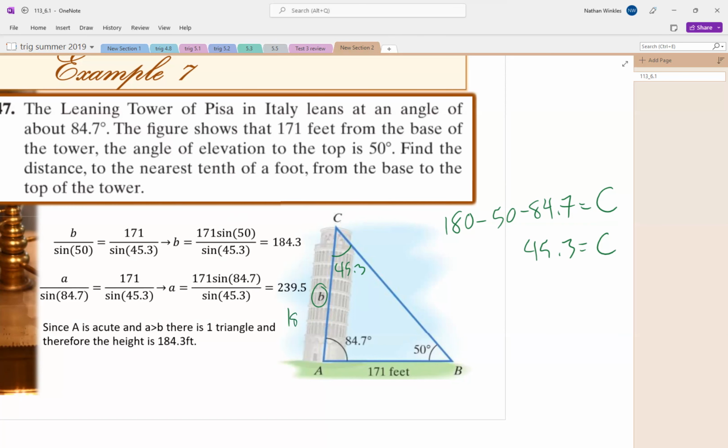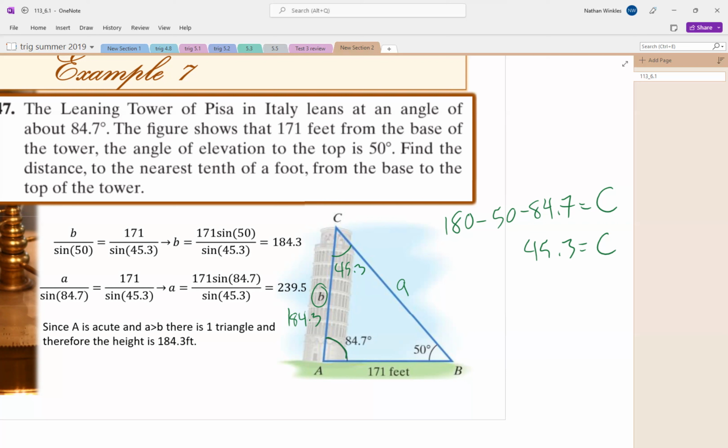So that's what we're saying right now. Now, no matter which way we look at this, angle A is acute. It's 84.7. And side A is greater than side B. We could find that out by actually doing the other calculation here.